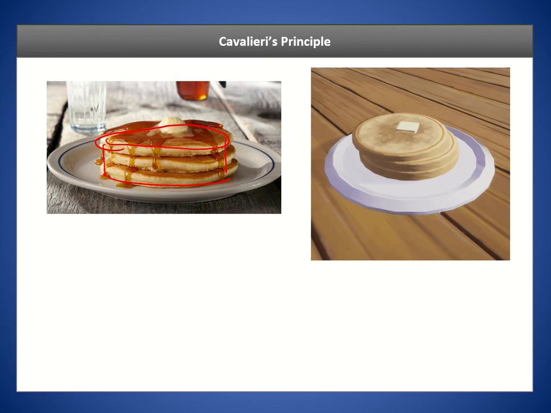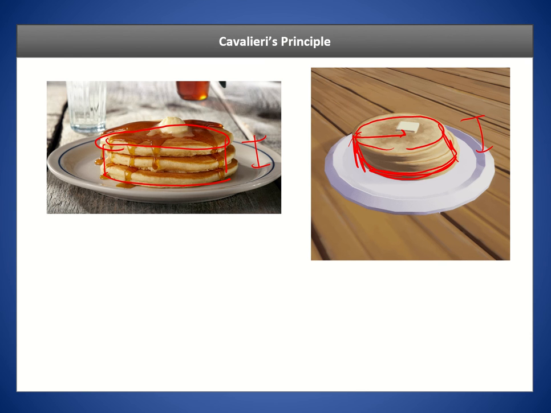Now if I take the same stack of pancakes, 3 pancakes here, assuming that the pancakes are the same radius, the same cross-sectional areas, then here I have an oblique cylinder. And so this oblique cylinder, assuming that it has the same height as the first stack of pancakes, and the pancake slices are the same area, then that must mean that the volumes have to be equal.